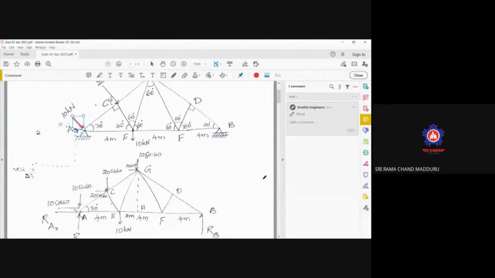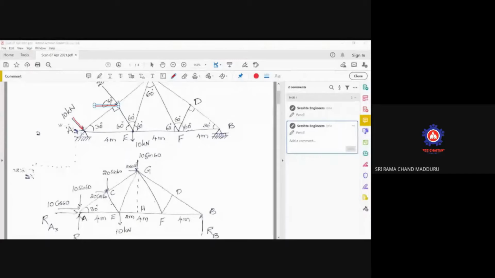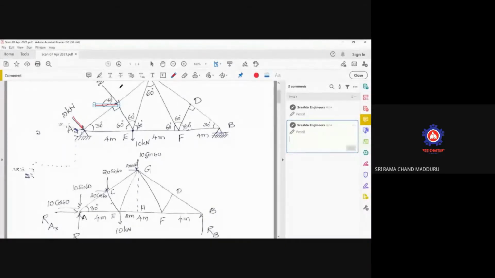The angle here is mentioned as 60 degrees with respect to horizontal. So you have to resolve the force along X direction as well as along Y direction.